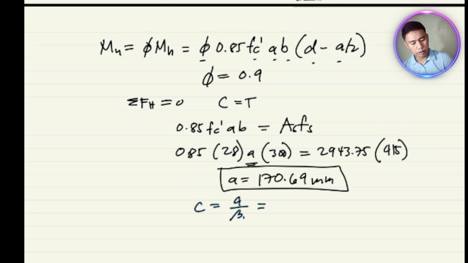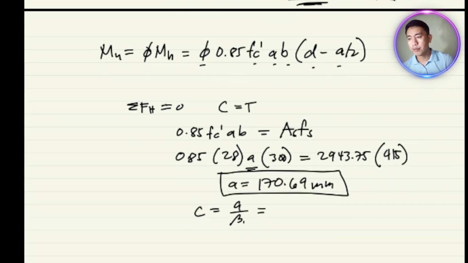Kasi we need to solve for, oh, I'm sorry. This one phi is not necessarily 0.9 pala. Okay. Hindi pa siya totally, let's say, we need to solve kung naabot niya talaga yung breaking point ng steel.